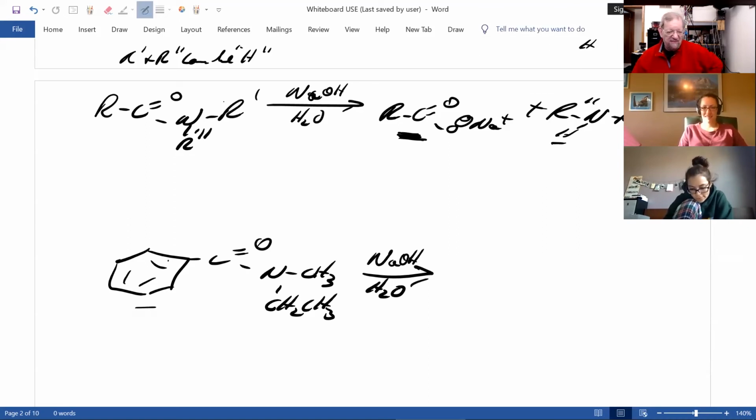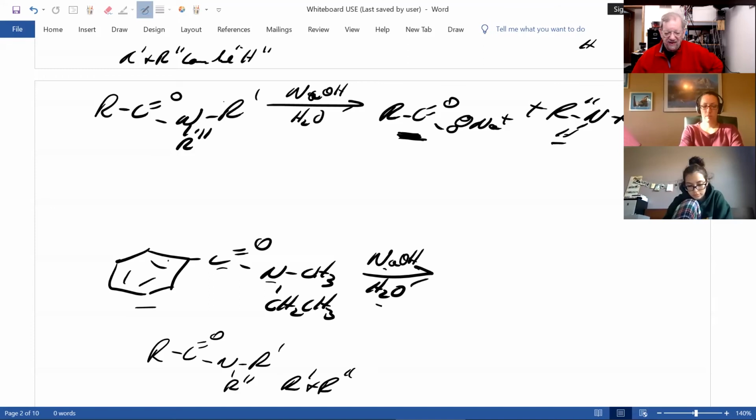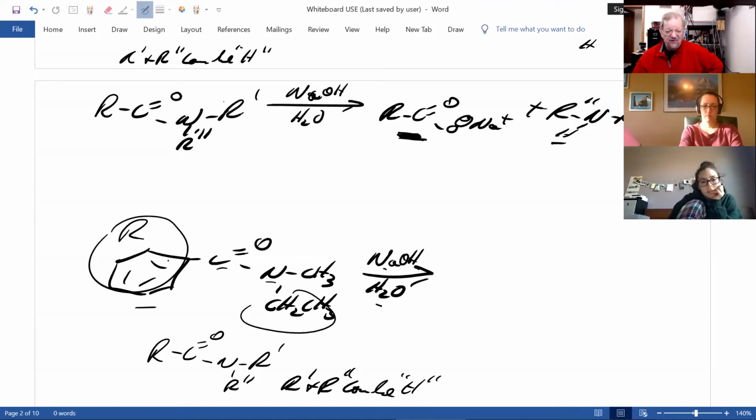Oh, a benzene ring, but that's not going to react with sodium hydroxide and water. I have a carbonyl, nitrogen, that carbonyl. I have an amide. Remember, our prime and our double prime can be hydrogen. In this case, they're not. I'll call this R. One of these, it doesn't matter which, you call R prime and the other R double prime.